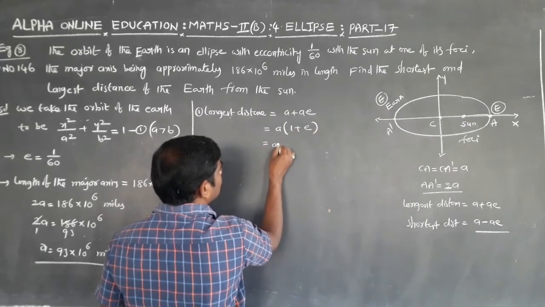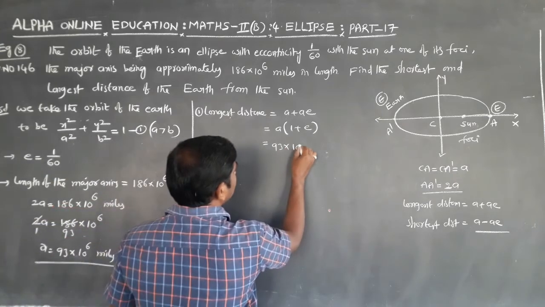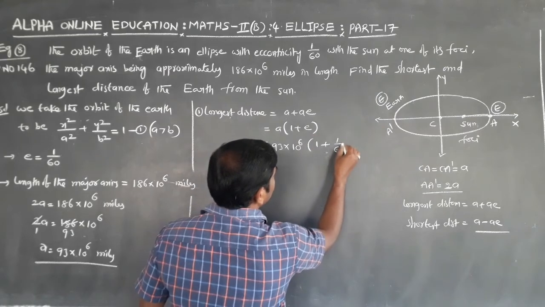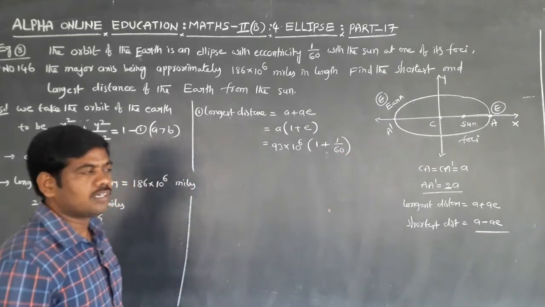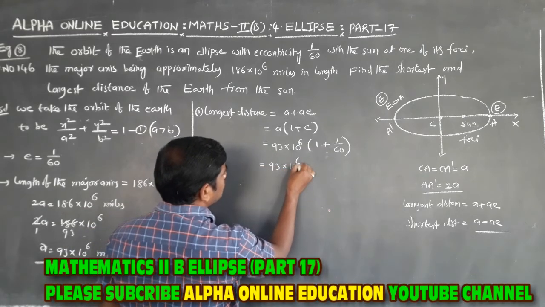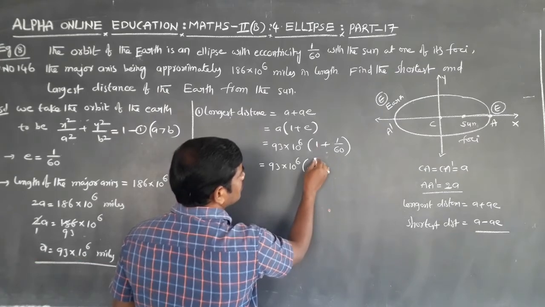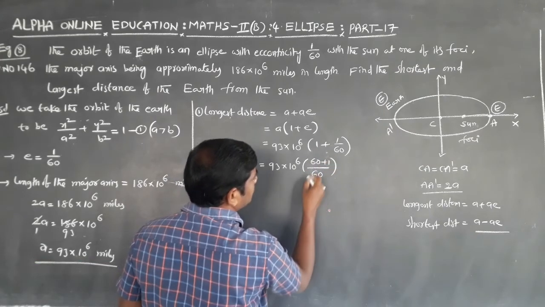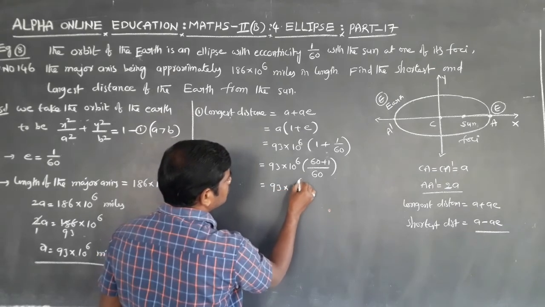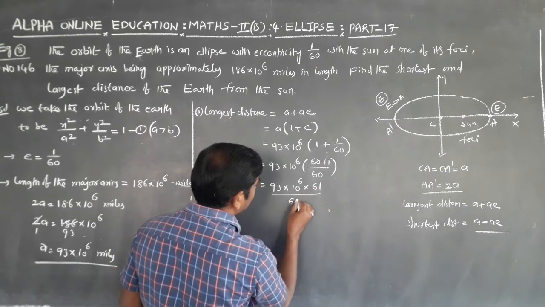Substitute a is equal to 93 into 10 to the power of 6 into 1 plus e, where e is equal to 1 by 60. 93 into 10 to the power of 6 into, taking LCM 60, 60 plus 1 is 61, so 61 by 60.